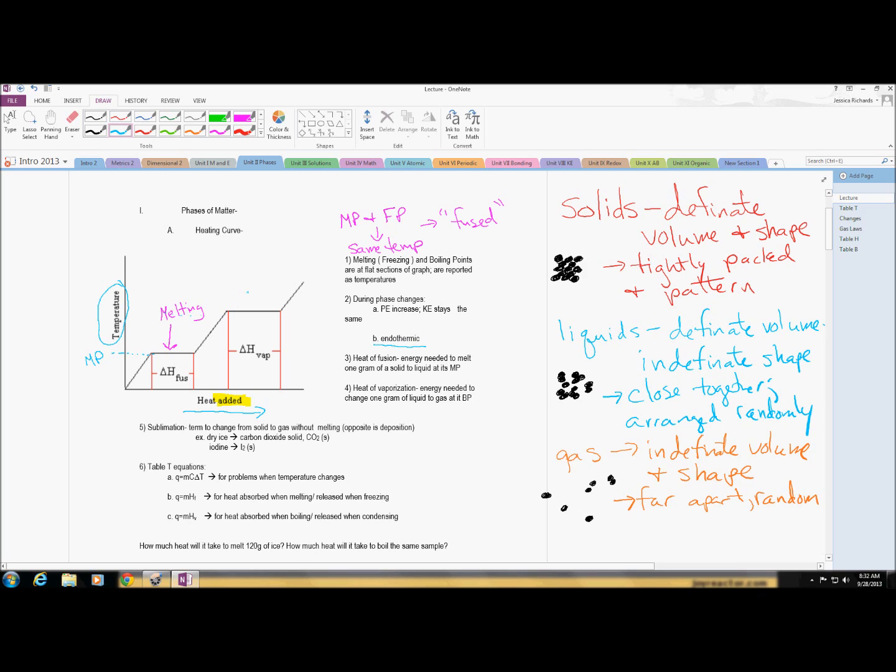The next flat portion on our graph is going to be for boiling. Our definition of boiling in chemistry is going to be slightly different than what you're used to. You're kind of used to the idea in cooking where if it's boiling, you see all these big bubbles and there's steam coming off, and you have that rolling boil picture in your head.